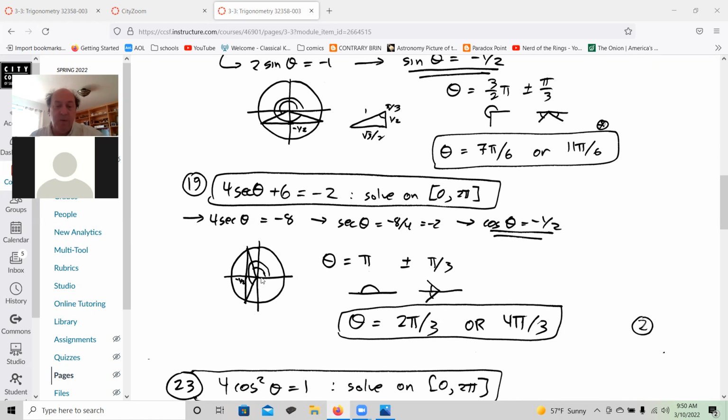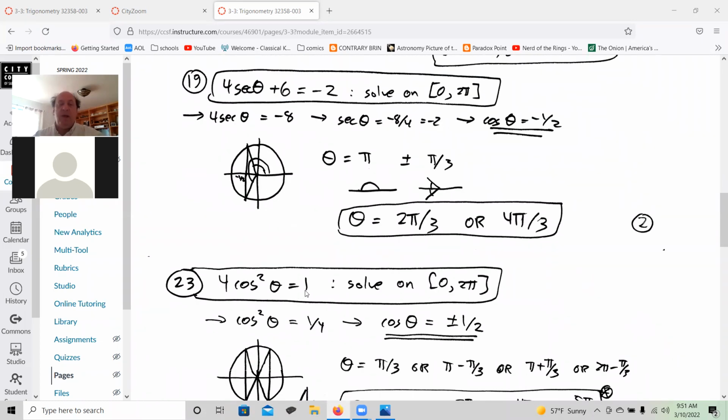As before, we have a 60-degree angle here and here, and this is pi radians, 180 degrees here. So you have pi minus pi thirds, or pi plus pi thirds. So 2 pi thirds, or 4 pi over 3.